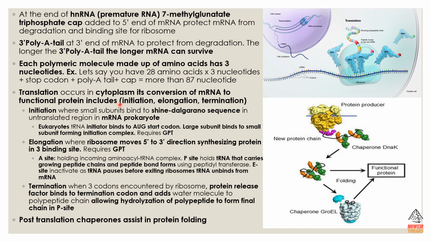So initiation is where the small subunits bind to the Shine-Dalgarno sequence in the untranslated region in the mRNA of a prokaryote. So that happens in a prokaryote. And then in a eukaryote though, the tRNA binds to the AUG start codon. So like we said, there's a start codon in the mRNA, and then you got the tRNA ready with its first amino acid.